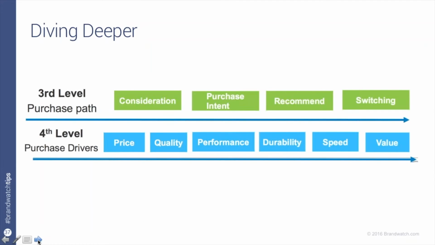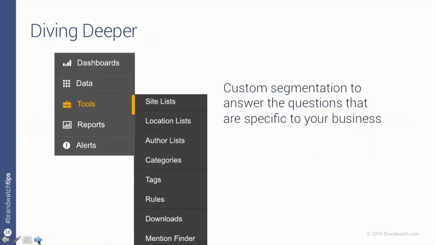And then we're going to dive a little bit deeper and get into those very customized fields, such as the purchase path and purchase drivers. The nice thing about Brandwatch for this is that it is extremely customizable, so you can say I'm only interested in people talking about switching, if they're talking about switching within 2 words of Dell, so you know that it's a conversation about Dell and not just a conversation where Dell was mentioned at the top of the paragraph and switching is mentioned at the bottom.